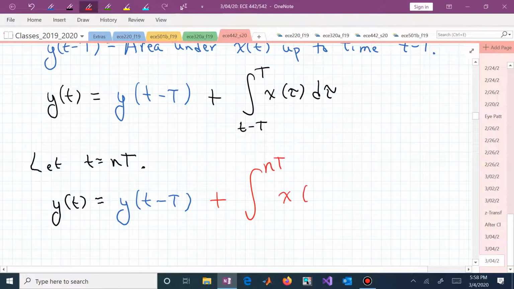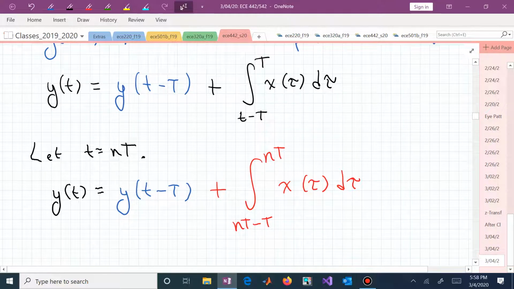This is x of tau d tau. And what's my lower limit? Little nT minus T, or that's little n minus 1 times T. That's saying the same thing.